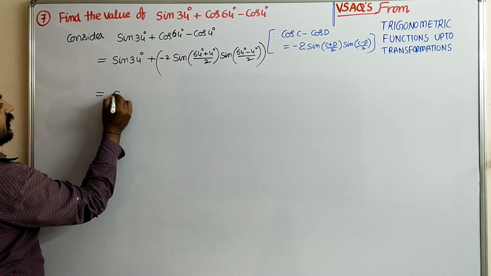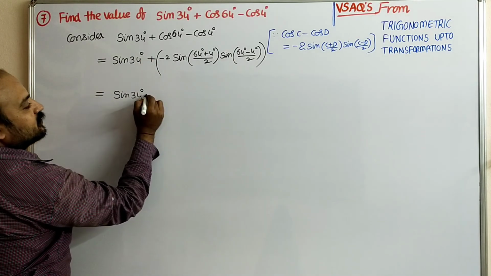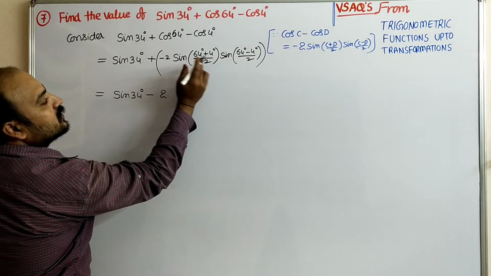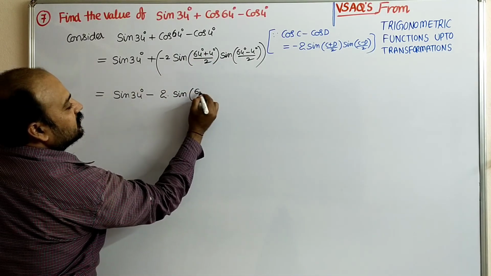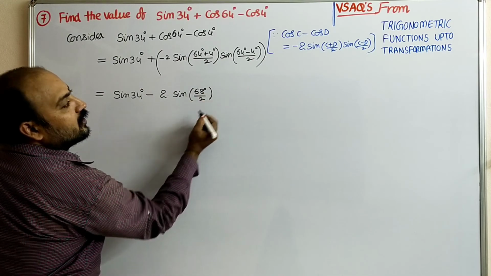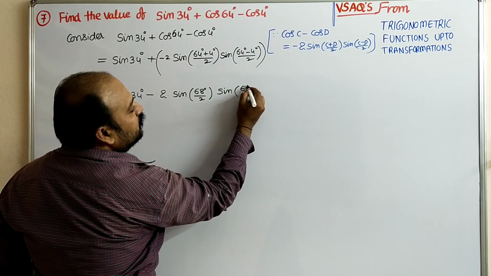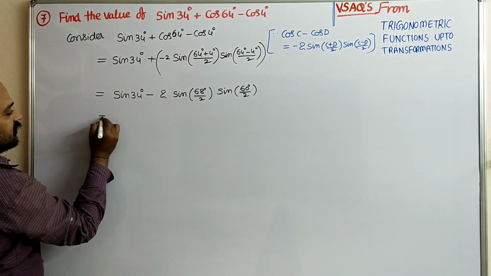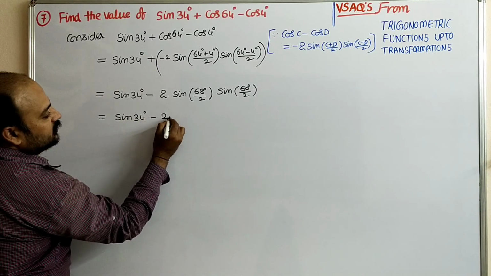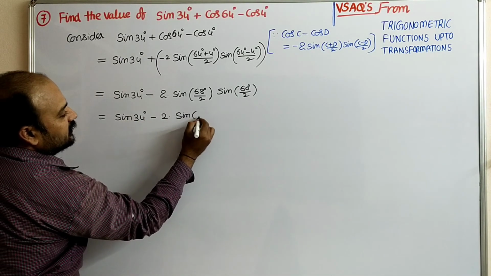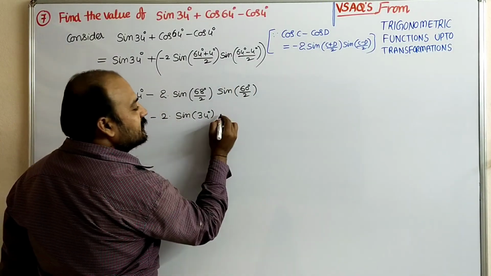Which is equal to sin 34 degrees, minus 2 into sin of 68 divided by 2, sin of 60 by 2, which is equal to sin 34 degrees minus 2 into sin 34 degrees, sin 30.